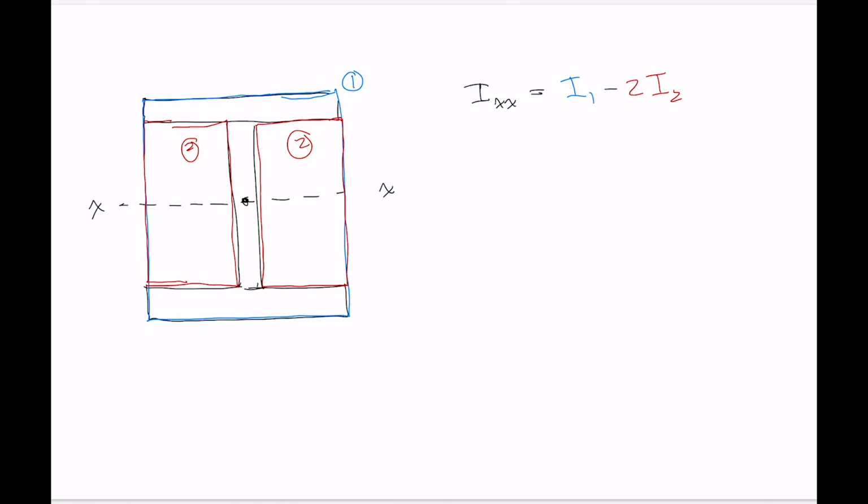And we can do that because shape number 1 has a centroid that's located right in the middle, and each shape 2 has a centroid that is located on that same horizontal centroidal axis. So they're all located on the same centroidal axis, the axis that we're looking for. So that's good. We can do it that way.